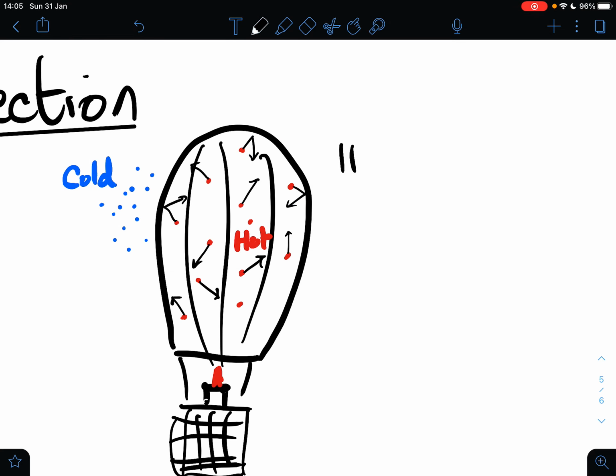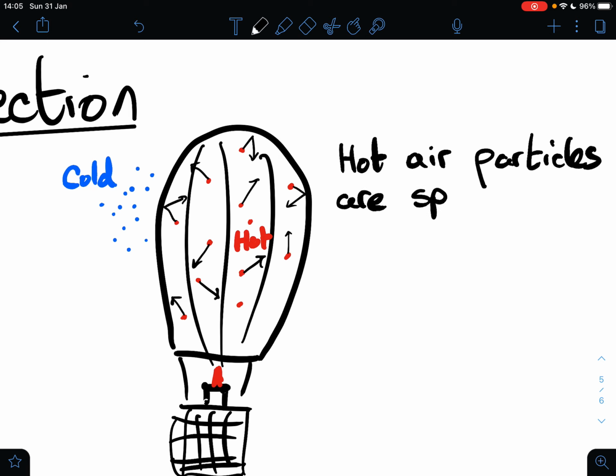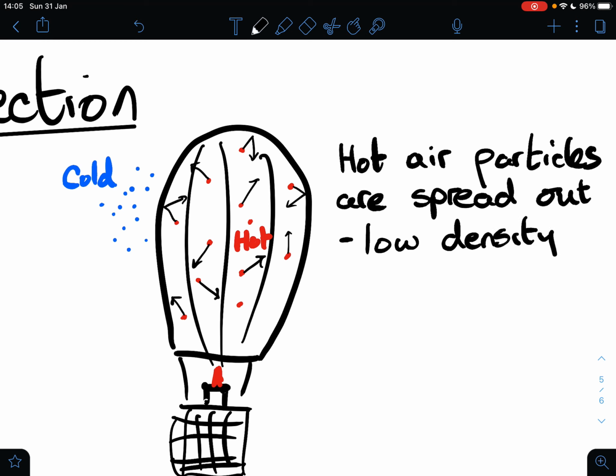The hot air particles are spread out. In science, we say they have a low density. They're all spread out. There's not many of them because they're all shot off. The cold air, what could we say there?